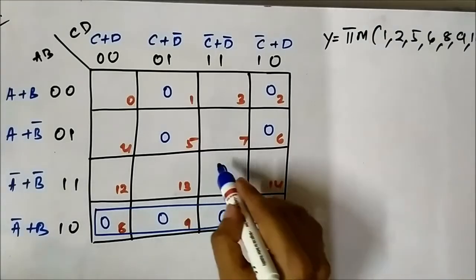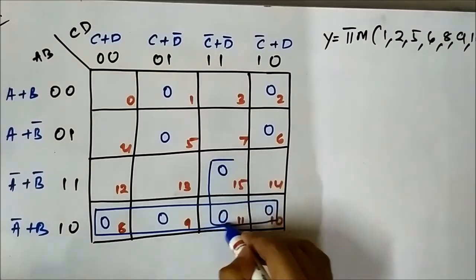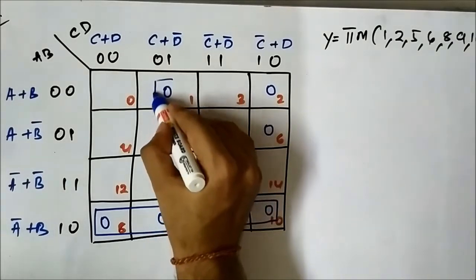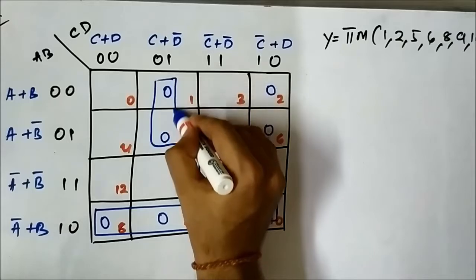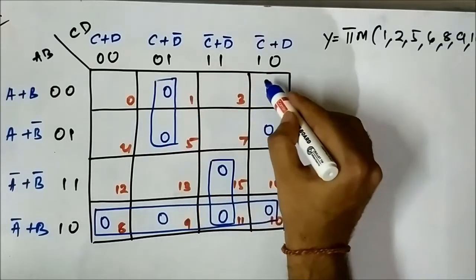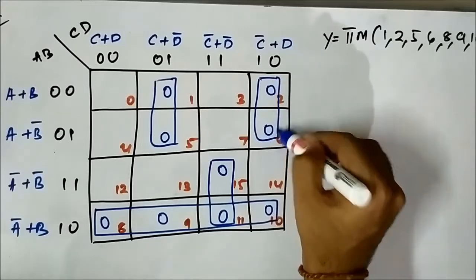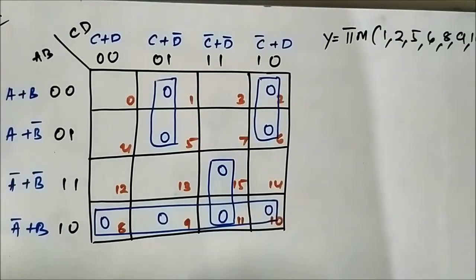Next 11 and 15 we can join to form a pair. 1 and 5 we can join to form a pair. 2 and 6 we can join to form a pair. So the grouping is done, all the marked cells have been grouped.